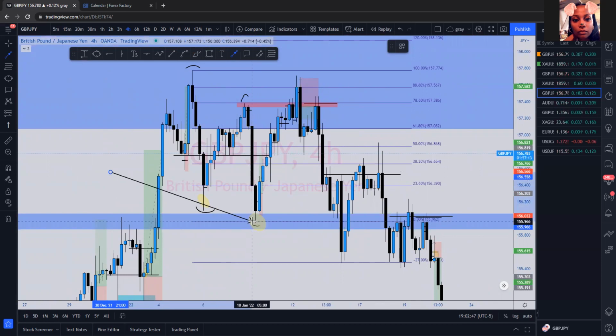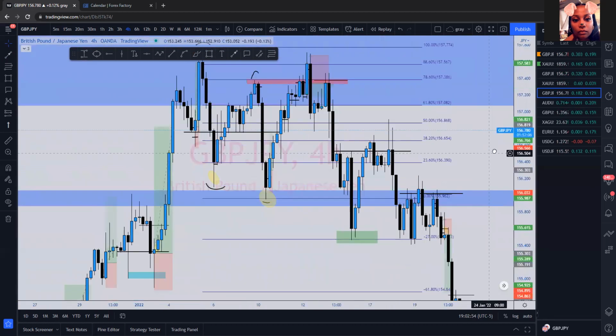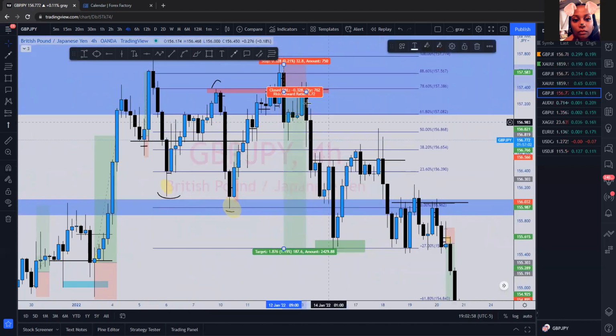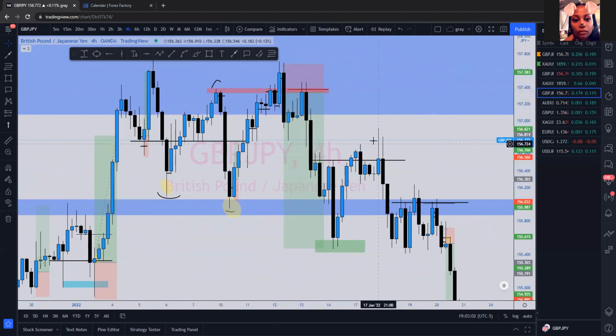So this is why I'm putting my fibs there. And then my negative 27% was right. Do you see how it wicked it? Yes. Beep, just like that. So that's the negative 27% for that.